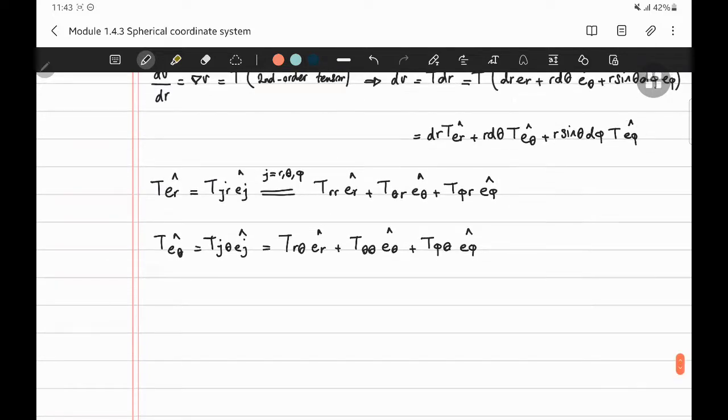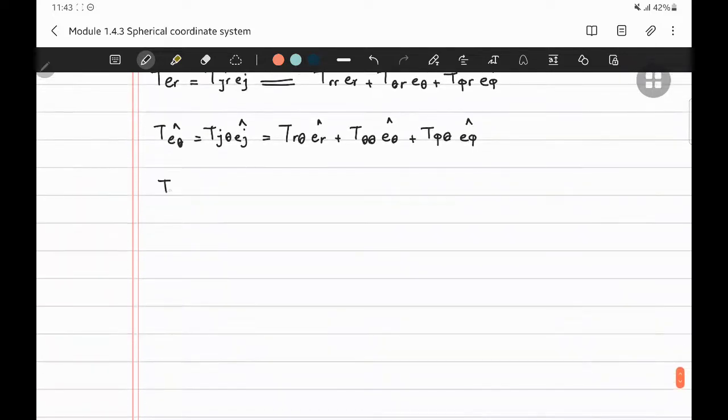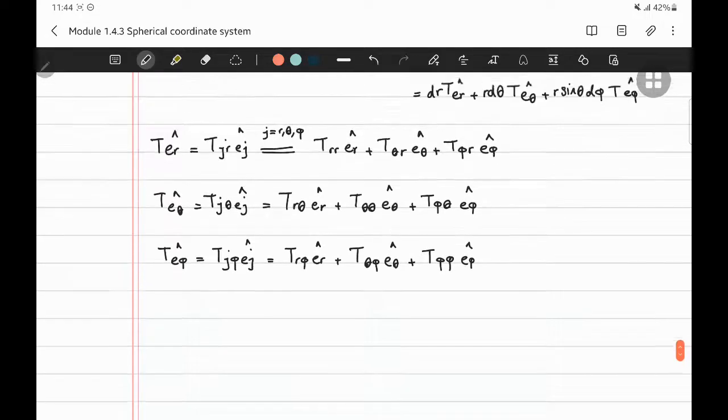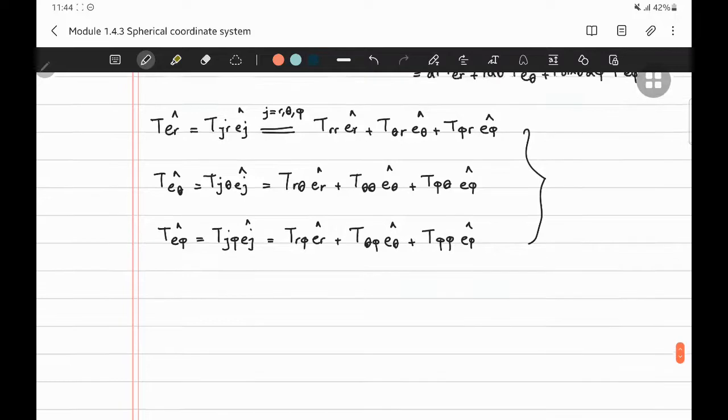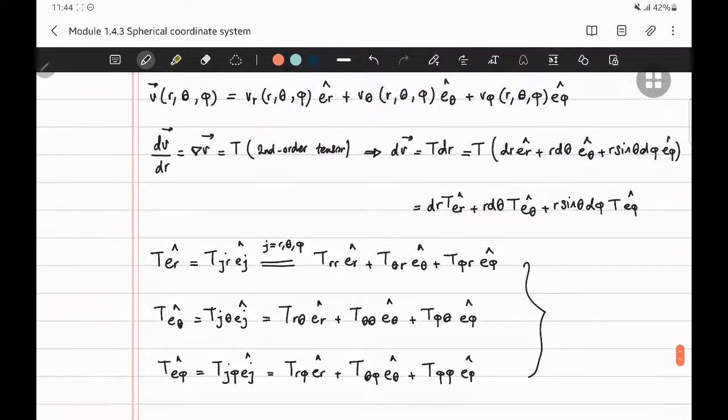And then we have T e phi, which is T j phi e j, which is T r phi e r plus T theta phi e theta plus T phi phi e phi. So now we have these kinds of equations here, and we also have this in here. So I call this 3 and I call this 4.